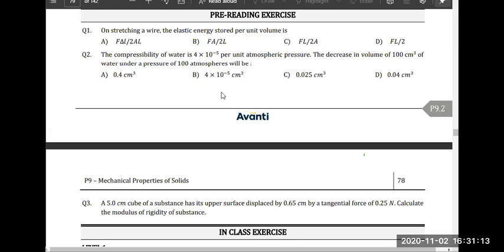Okay, first one, tell me, on stretching a wire, the elastic energy stored per unit volume is, tell me everyone. Easy, tell me guys. What's the answer of question number 1?